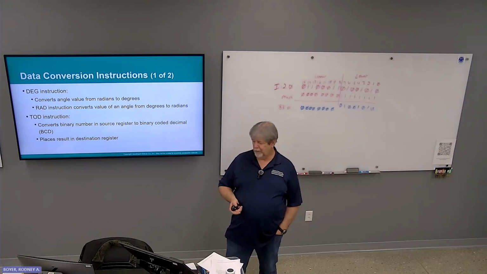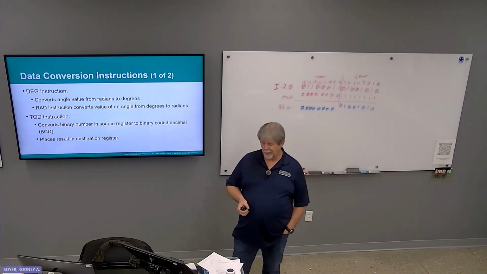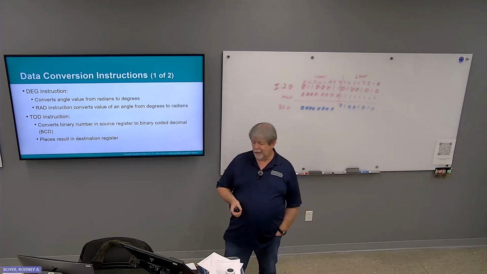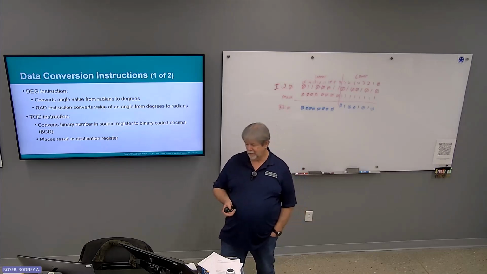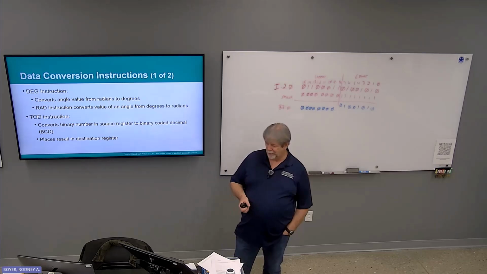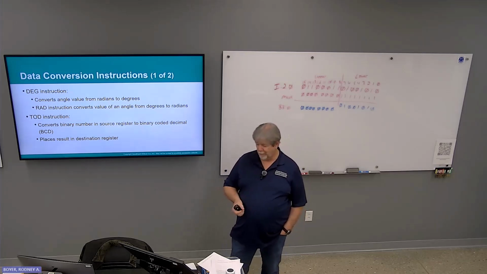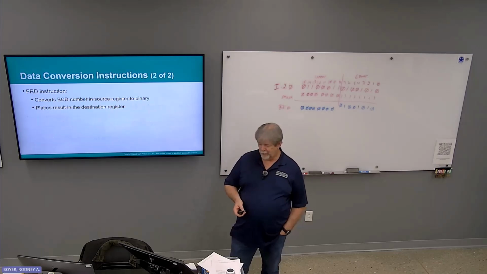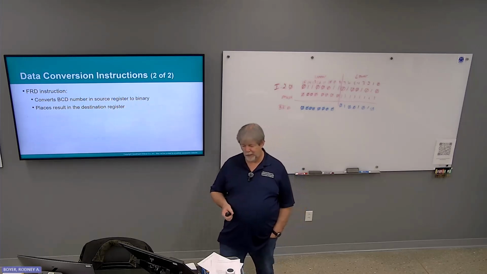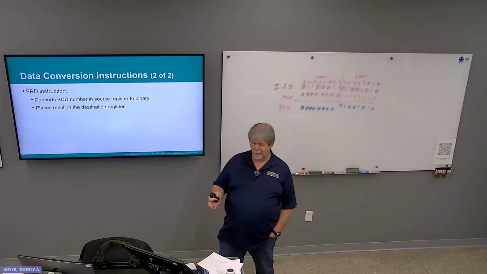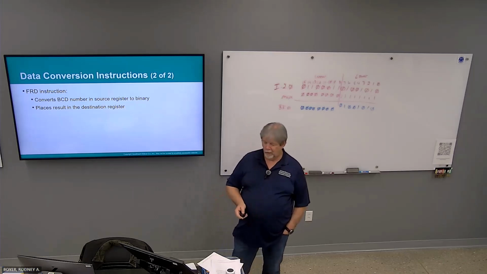Radian instruction converts the value of an angle from degrees to radians. TOD is to BCD. It takes your source register and converts it to binary coded decimal or BCD. Places the result in the destination, and FRD takes a BCD number and turns it back into binary and places it in the destination.